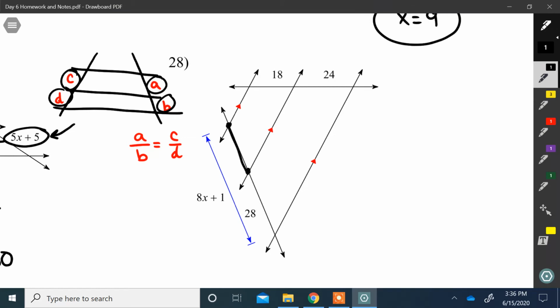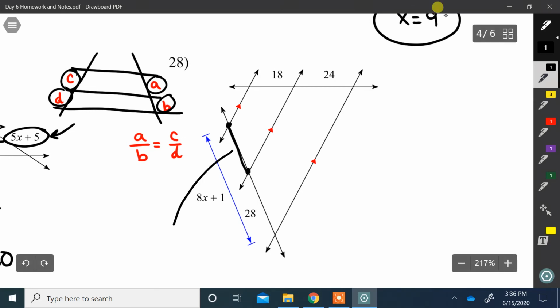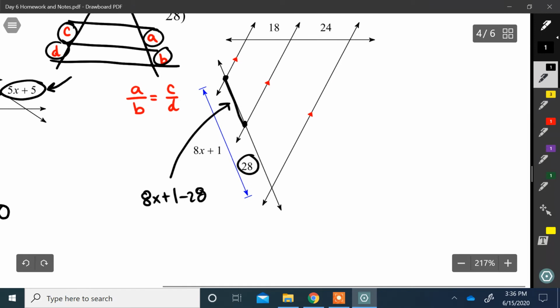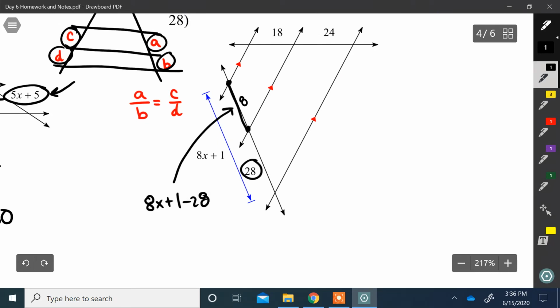That's important. So that part should be 8x plus 1 minus 28. So 1 minus 28 should be negative 27. So now we have everything that we need.